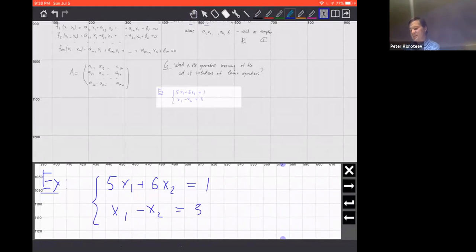What is the set of solutions of this system of equations? Let's solve it for x1 and x2.